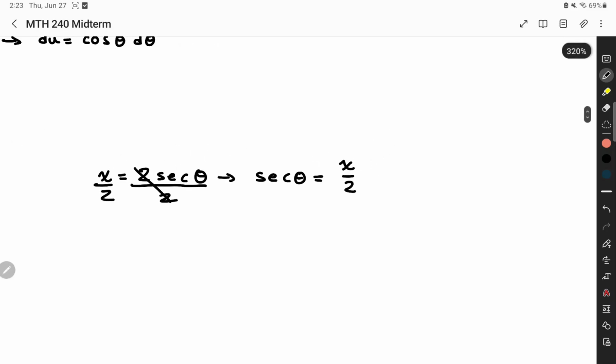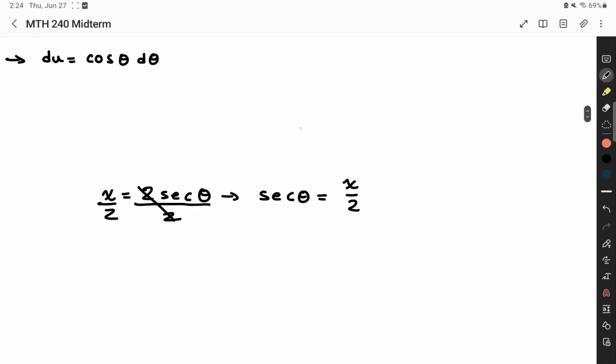And so why is this useful? Well, because we know secant theta, right? Secant theta is the inverse of cos theta. Cos theta, we know from when we learned trig, the ratios, cos theta is the adjacent over hypotenuse.